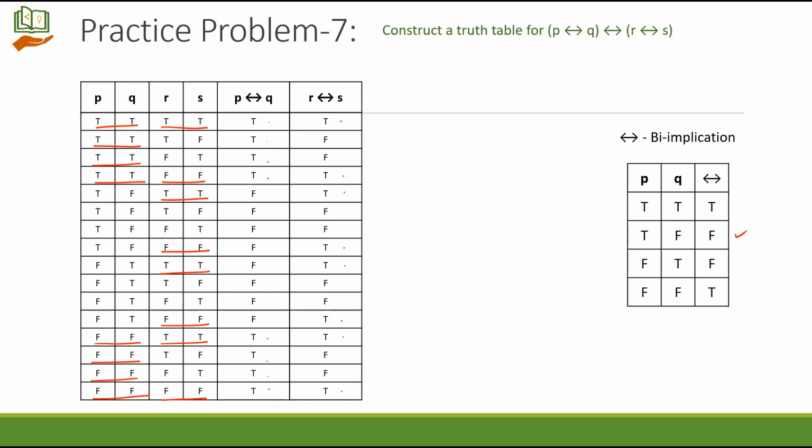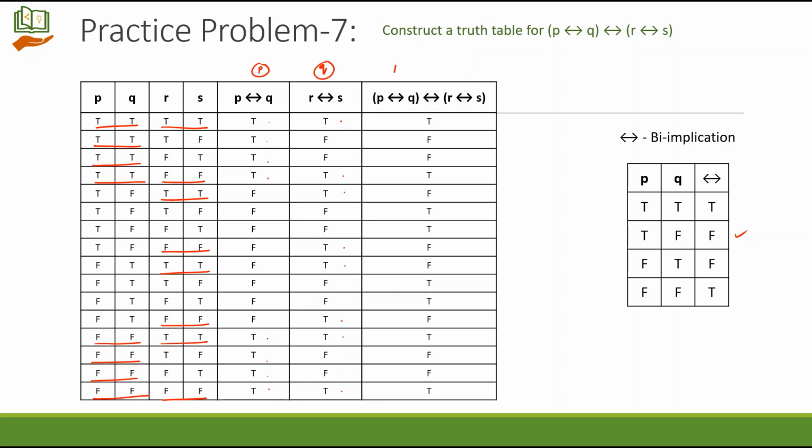Now treat this to be P and treat this to be Q. You have to find P implies Q. Just find wherever you have TT and FF. This is TT, this is TT, you have FF here, then you have FF here, again you have TT here and TT here. The rest of the places you will have false. So 8 false rows and 8 true rows are there.